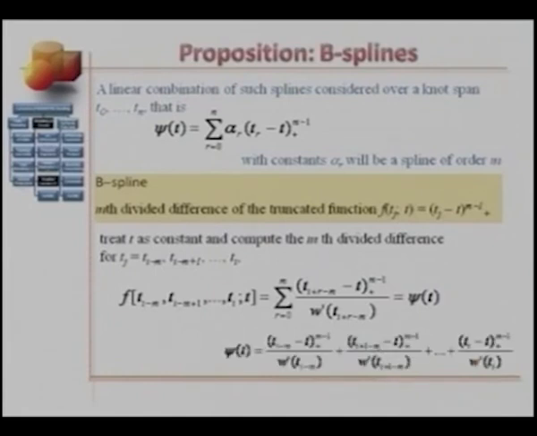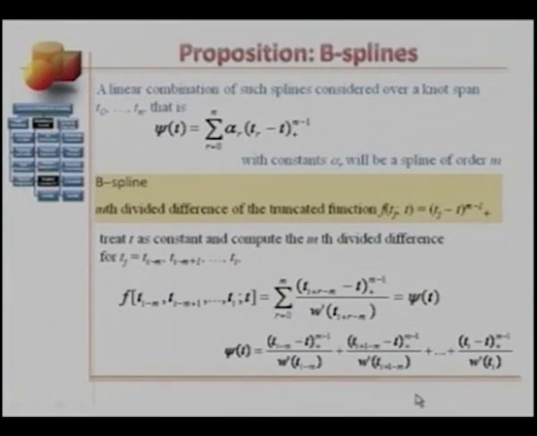Let me expand this summation here and write psi of t as (T(I minus m) minus t) truncated raised to m minus 1 over W prime evaluated at T(I minus m), plus (T(I plus 1 minus m) minus t) truncated raised to m minus 1 over W prime at T(I minus m plus 1), up till the last term, which is (Ti minus t) truncated raised to m minus 1 over the first derivative of W evaluated at Ti.